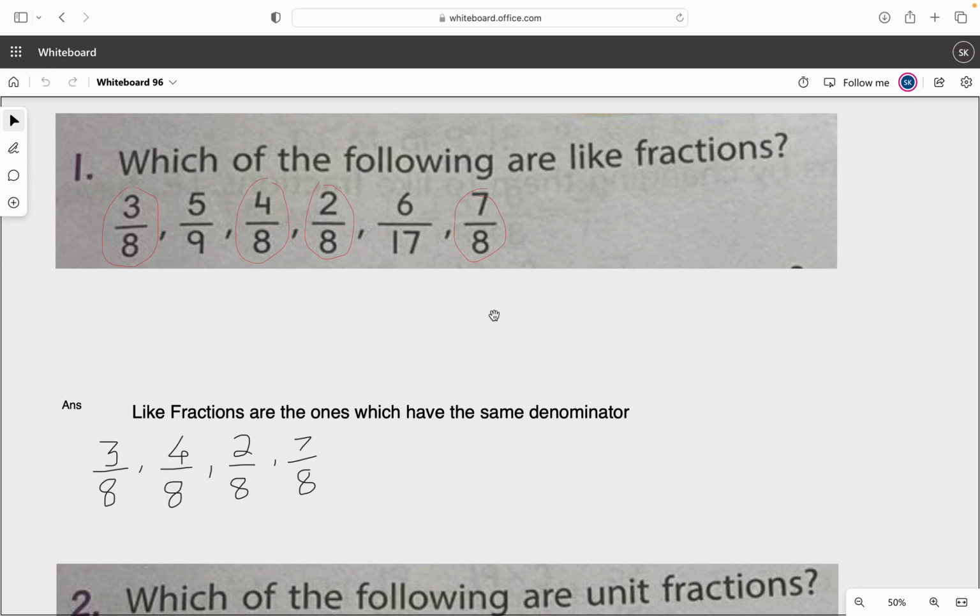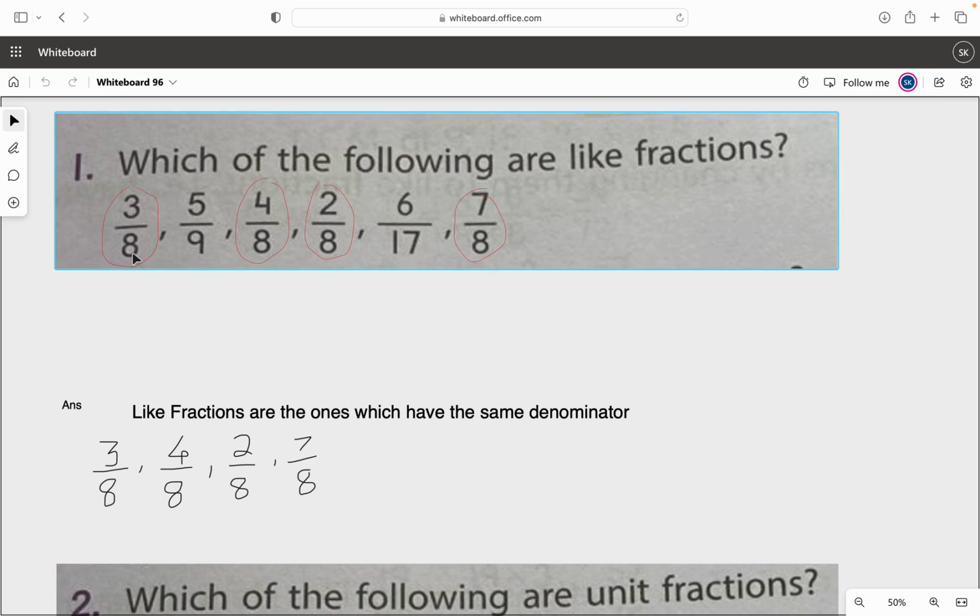So the first question is, which of the following are like fractions? Boys, what is the rule for like fractions? What is the definition? Like fractions are the ones which have the same denominator. Now, if you look at this, 8, 8, 8, 8 are fractions with the same denominator, right?